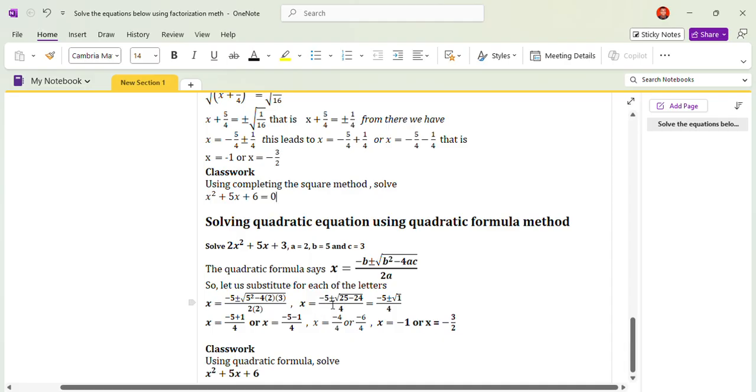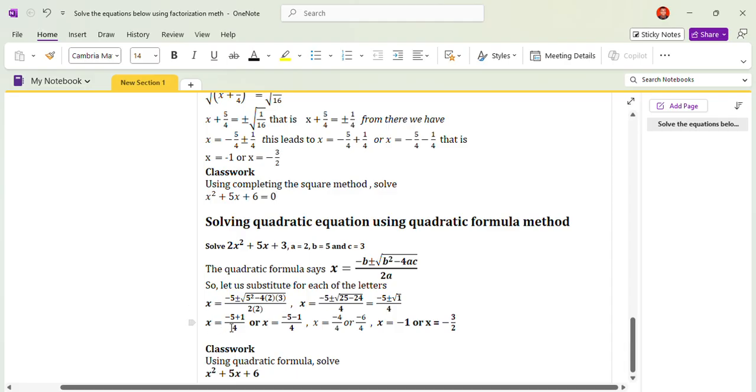So x equals minus 5 plus or minus square root of 5 squared, which is 25, minus 4 times 2 times 3, that's 24. That's 25 minus 24 over 4, which will give us minus 5 plus or minus square root of 1 over 4. And square root of 1 is 1.